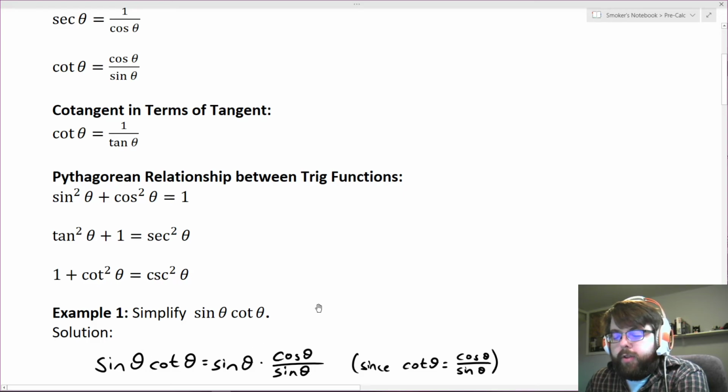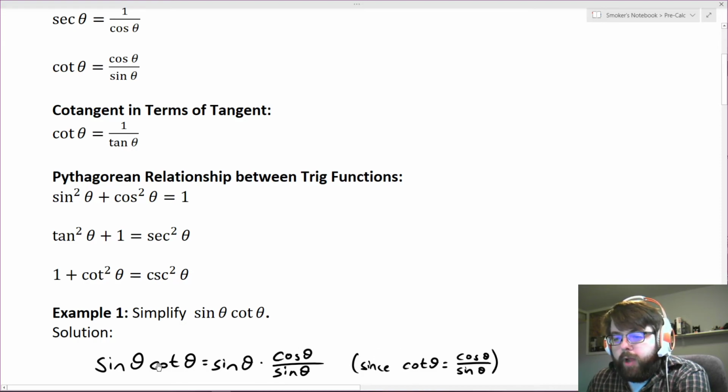So one step that will be, if you know of nothing else to do, one thing you could always do is change everything in terms of sine and cosine. Sine of theta times cotangent of theta would be equal to sine of theta times cosine over sine.